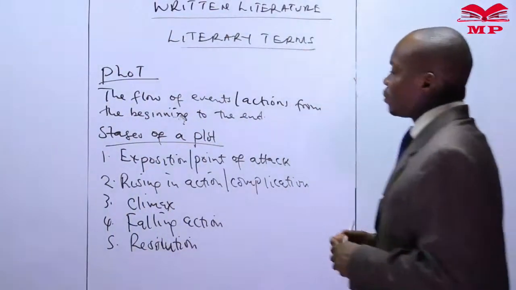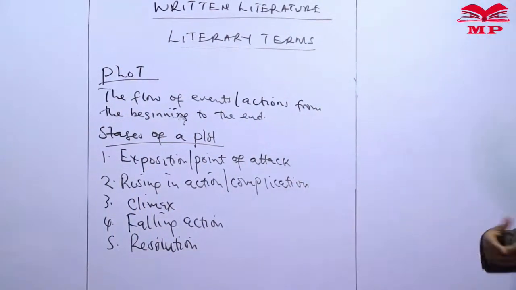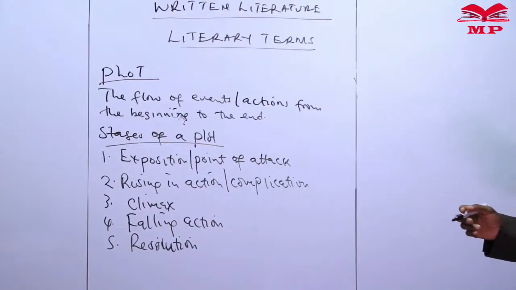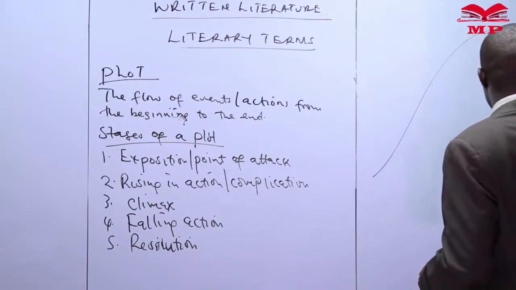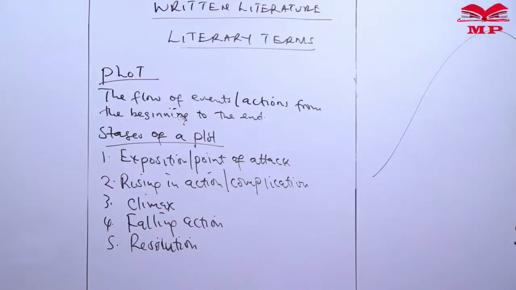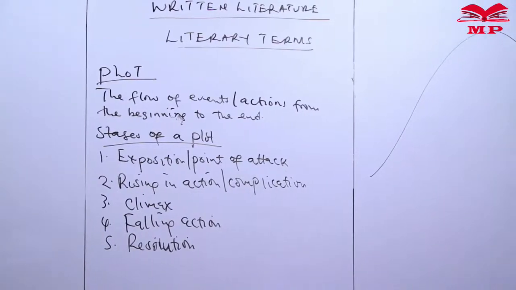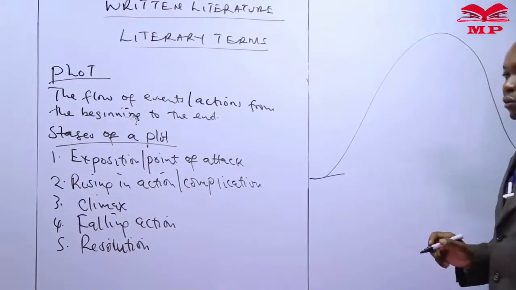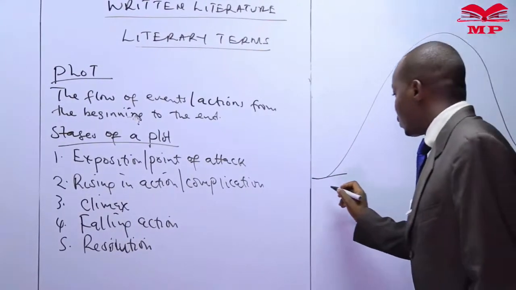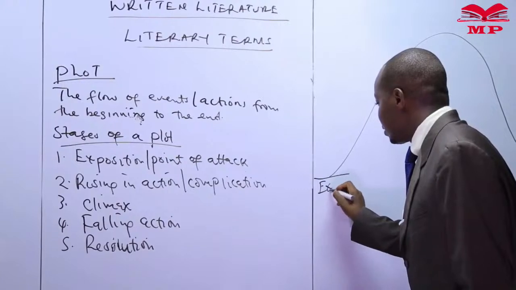Just like I drew that graph of life, we also have the same graph in a story. When the story begins, at this point, it's called point of attack, exposition.